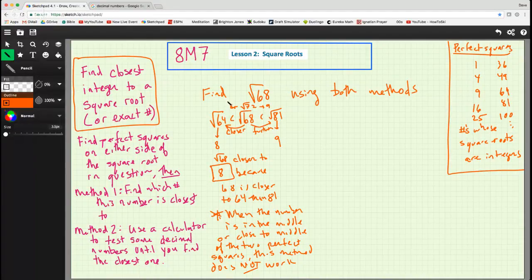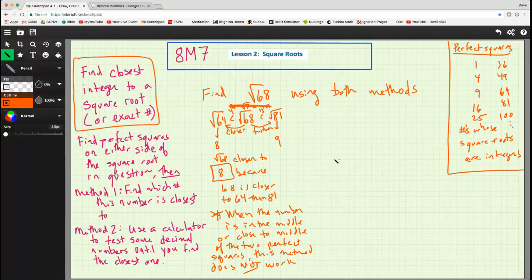Or similarly, if it's 73, if it's close to the middle, you can't use this method. Because 68 is only 4 away from 64, and it is 13 away from 81, that's a big difference. So you can say that the square root of 68 is closer to 8.